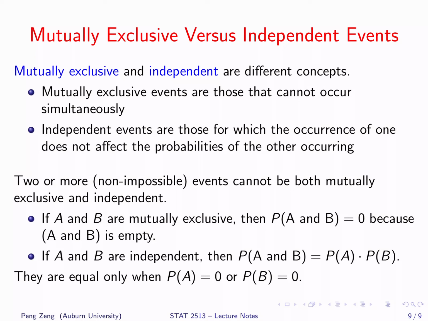We get probability of A times probability of B equals 0, which implies that probability of A equals 0 or probability of B equals 0, or at least one of A or B is impossible. Let's repeat the conclusion. 2 or more non-impossible events cannot be both mutually exclusive and independent.